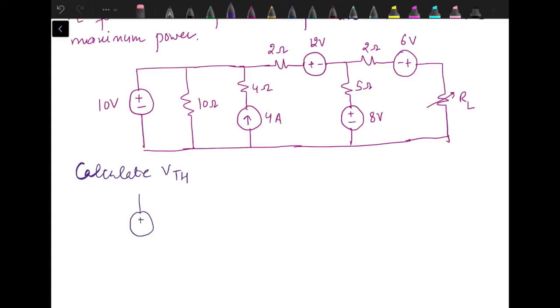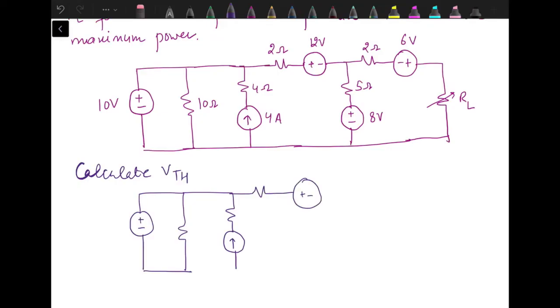For calculating VTH, the whole circuit will remain the same except the load resistance. Every resistance, every source, they will be there in the circuit as it is.